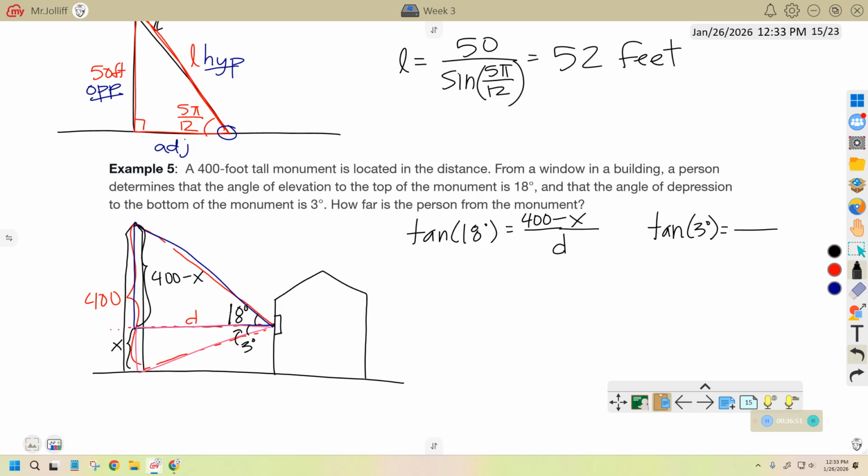For my tangent of 3 degrees, my opposite is x, my adjacent is d. My suggestion, and I will give you a couple minutes to work on this in your small group, is I would solve this tangent of 3 degrees equation for x and then plug that expression in here.